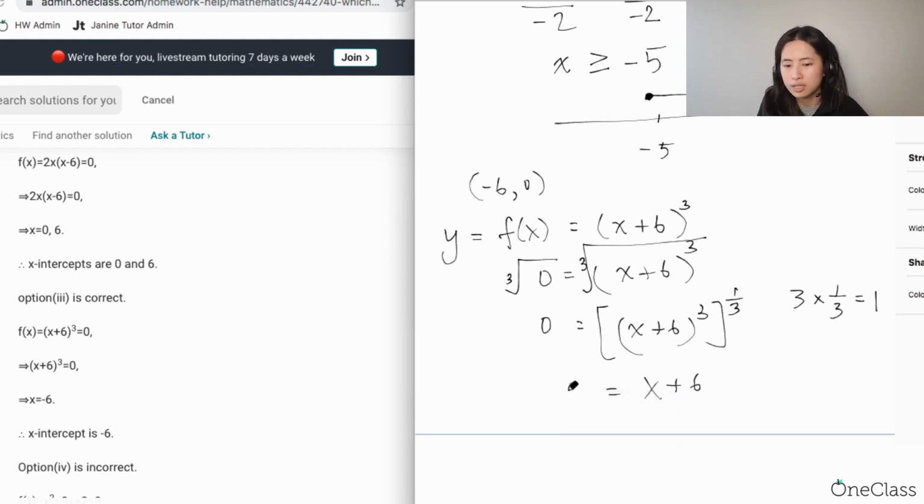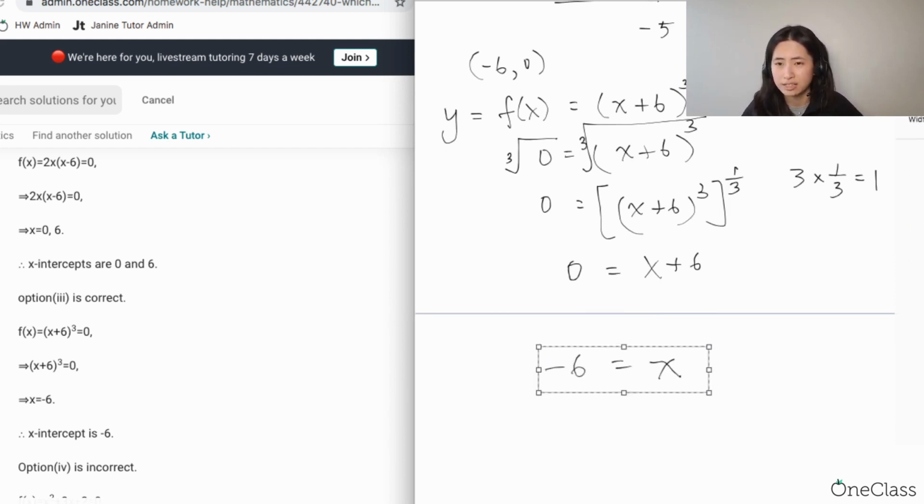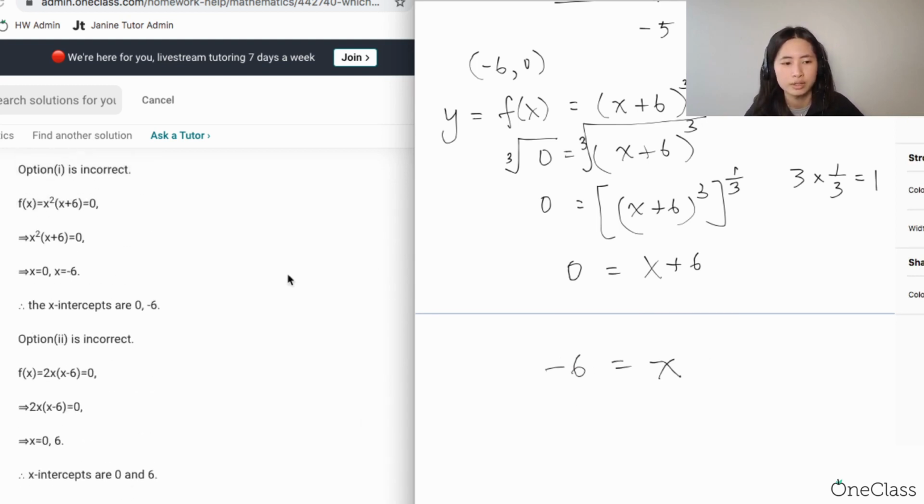If you move positive 6 to the opposite side of the equation, you get x equals -6. That's why your x-intercept is just going to be (-6, 0).